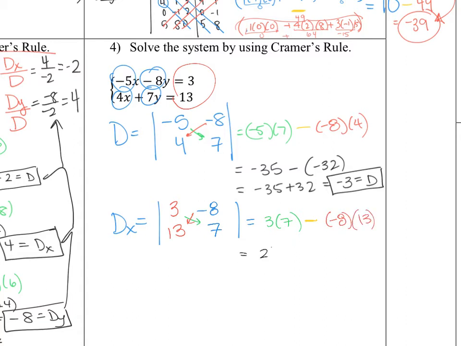So we're going to get 21 minus 8 times 13. That's going to be 80 and 24, 104. So we're going to have negative 104. So we have 21 plus 104, which will equal 125. That's going to be our Dx.